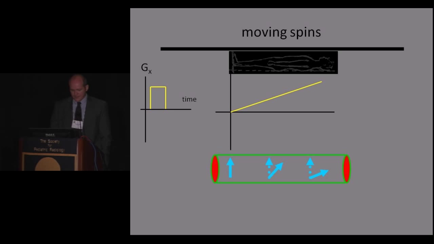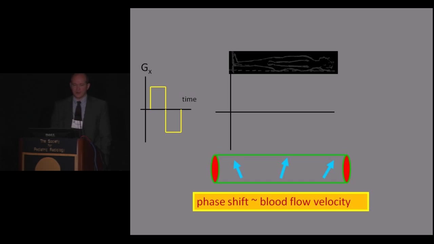But by the time the reverse gradient is applied, the spins have moved along the vessel, and now the new spins that are coming into the slice won't have experienced the initial gradient, and these spins that have moved along will be experiencing a different reverse gradient. And so that results in a net change in phase of those spins in the vessel, which is actually proportional to the velocity of the blood flow.